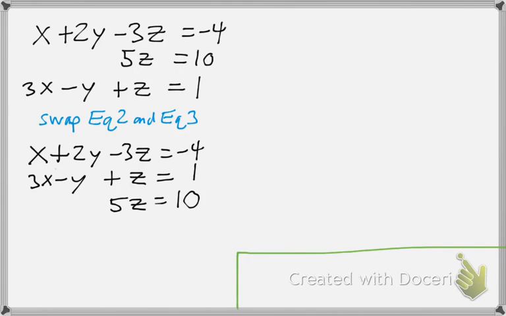The last thing left to do is to get rid of that 3x in the second equation. Again, my goal is to create a triangular system. So equation 2 plus -3 times equation 1 should do the trick.